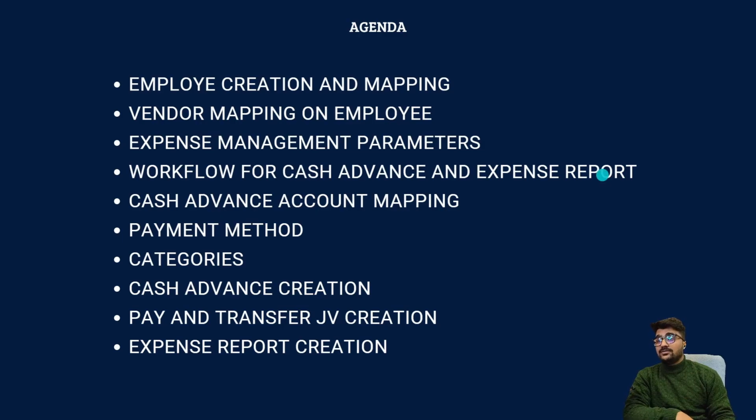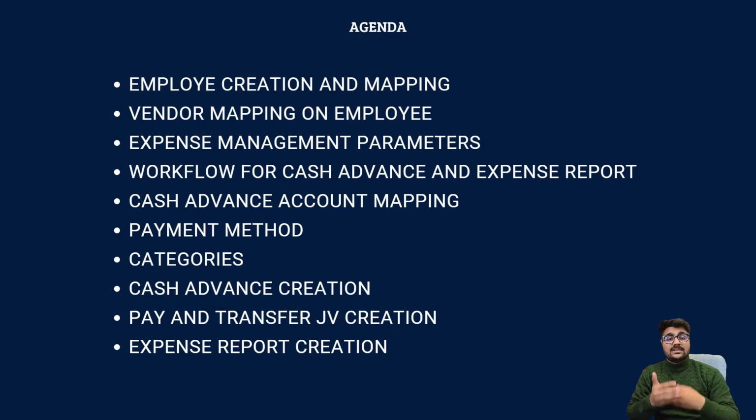And after that we have discussed both the workflows, cash advance and expense report workflow, and we have also discussed cash advance account mapping for a specific currency, for INR, and you can map for multiple currencies as per your requirement. And we have discussed the method of payment, and after that we have discussed category, shared category, and expense category. So this is the end of part 1.